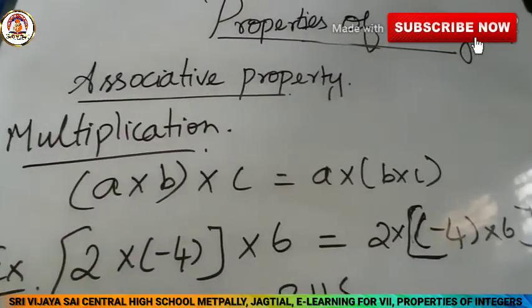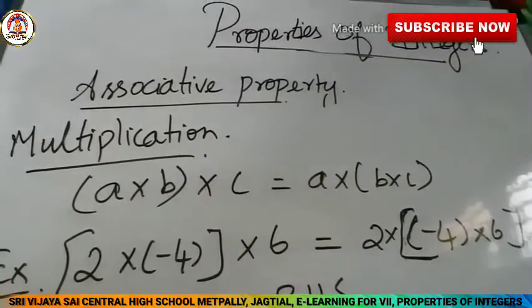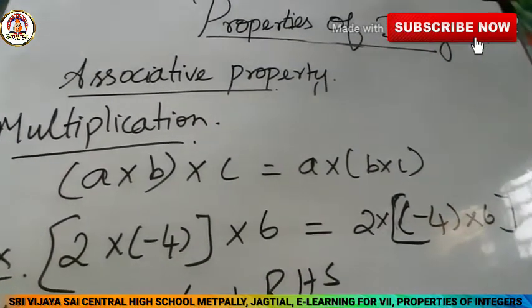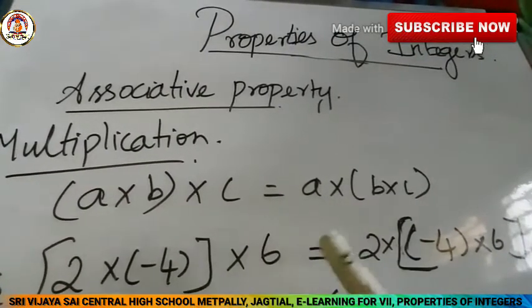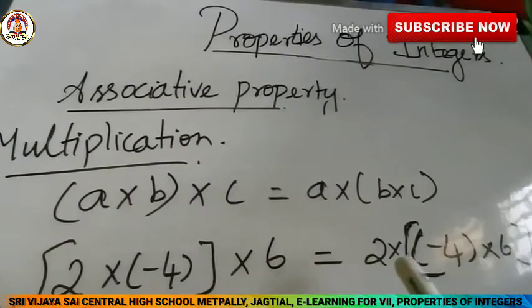Next is the associative property for multiplication. Here a cross b, cross c, is equal to a cross the bracket of b cross c, with the last two numbers in the bracket.